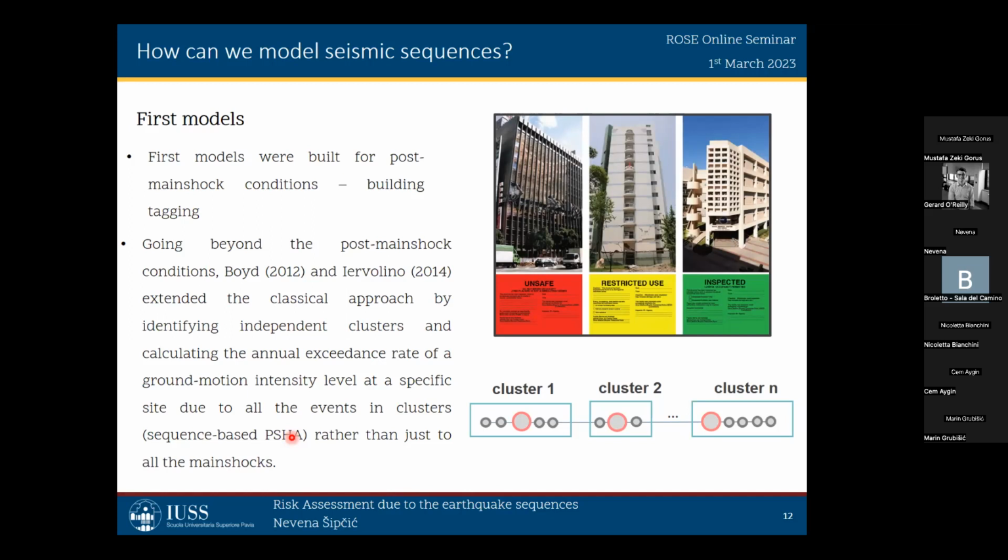So this approach is still, I think, used a lot, and it's called sequence-based PSHA. In sequence-based PSHA, we, however, still assume that all of these clusters are independent. The good side is that we can start from the PSHA models that we already have, main shock only based, and then we basically add the additional events around the main shock events that we have.